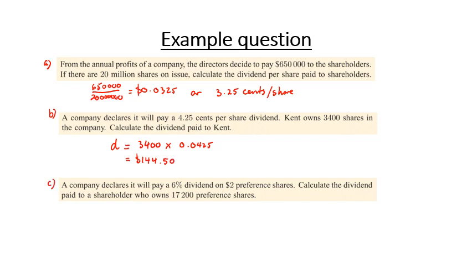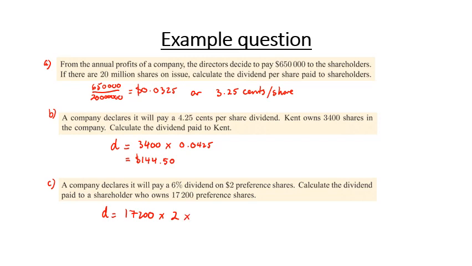Question C. A company declares it'll pay a 6% dividend on $2 preference shares. It says calculate the dividend paid to a shareholder who owns 17,200 preference shares. So the dividend that he's going to get paid is the number of shares multiplied by the price of the preference shares, which is $2, multiplied by the percentage.